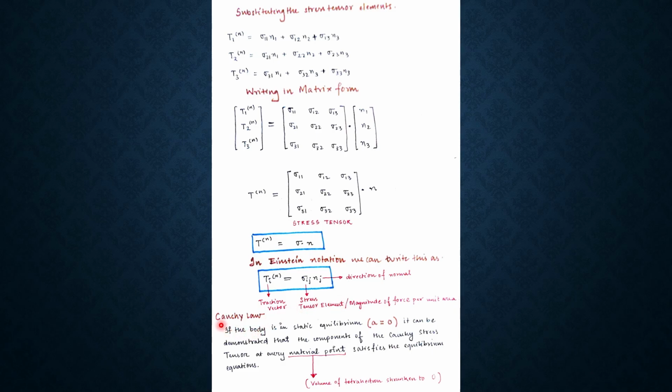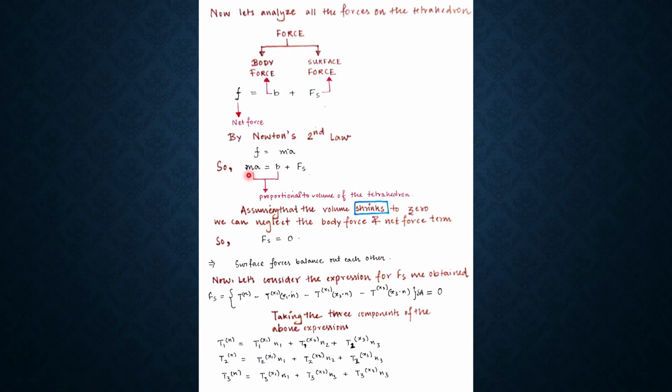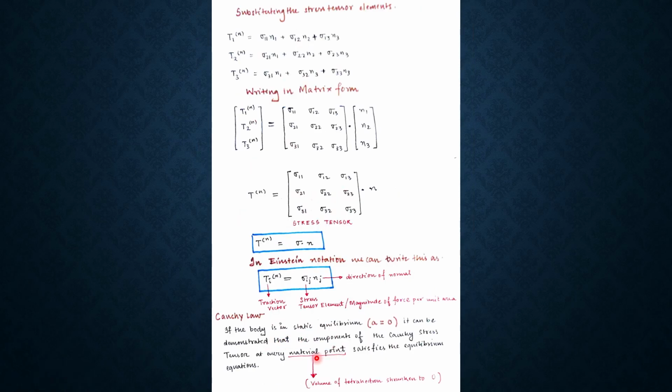Now at the end of this, I'm introducing what is known as Cauchy's law. It states that if the body is in static equilibrium, or a equals 0, it can be demonstrated that the components of the Cauchy stress tensor at every material point satisfy the equilibrium equations. So in this equation, put a equals 0, and at every material point, the volume of the tetrahedron-shaped element has shrunk to 0.